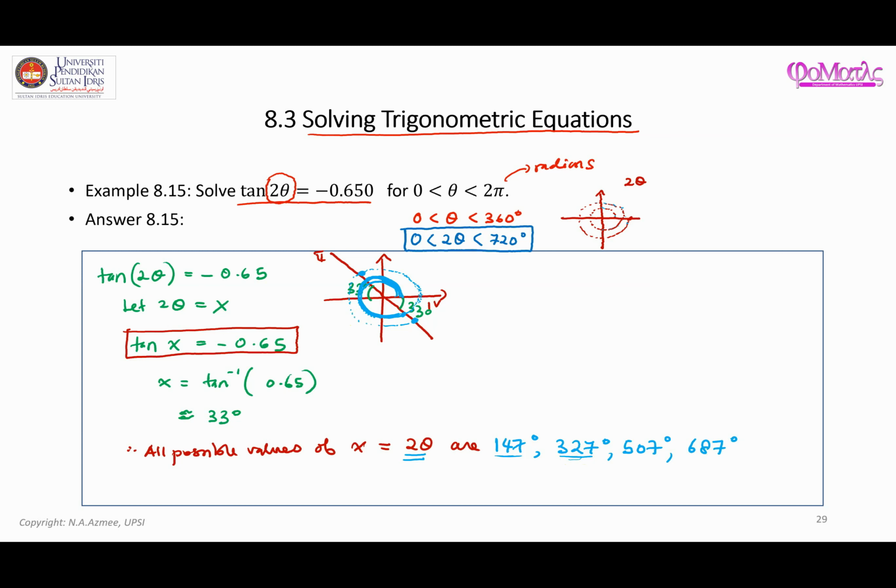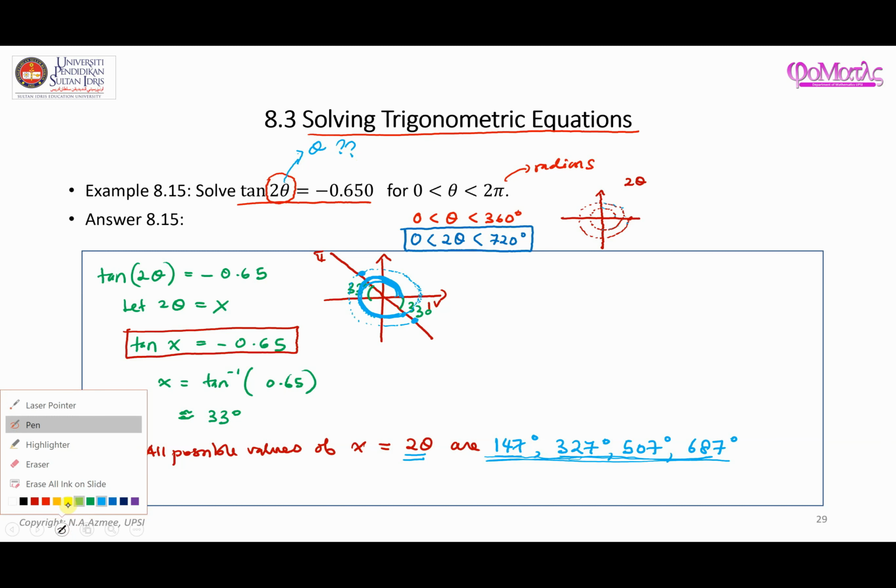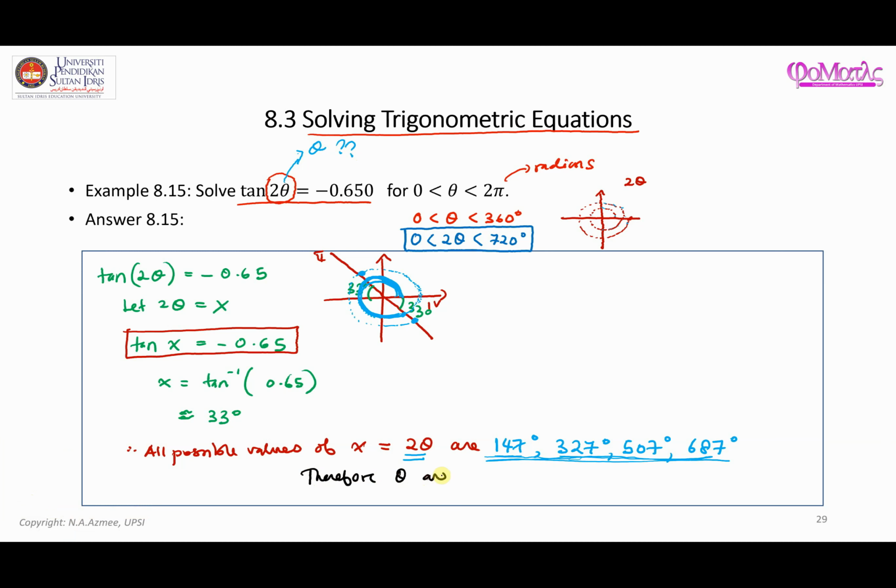Now the question is asking you not to find 2 theta, but actually to solve for what theta is. What is theta? Okay, so next, if 2 theta are all these values, therefore, theta are 147 divided by 2.